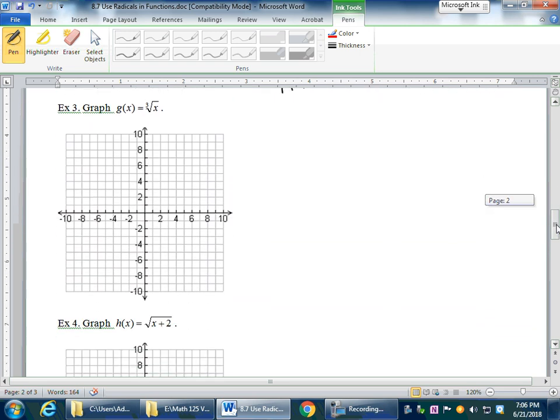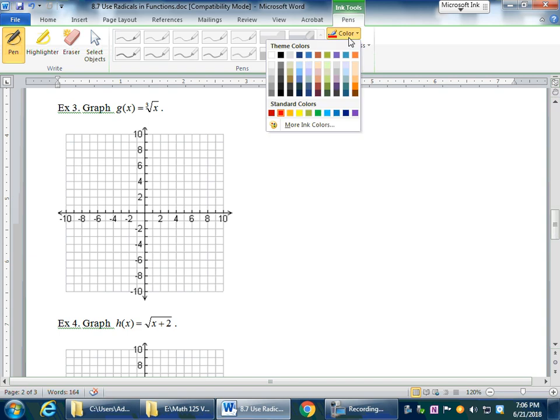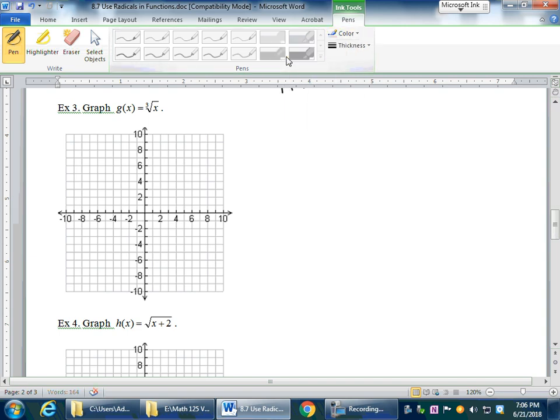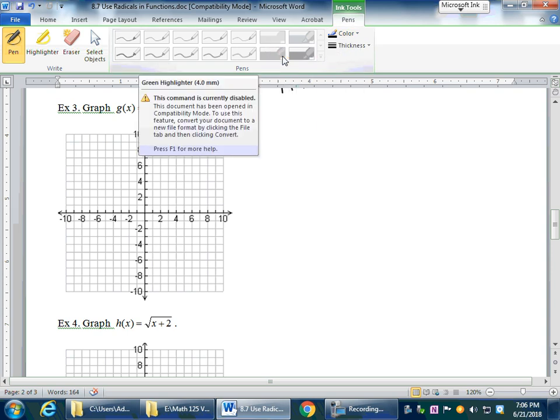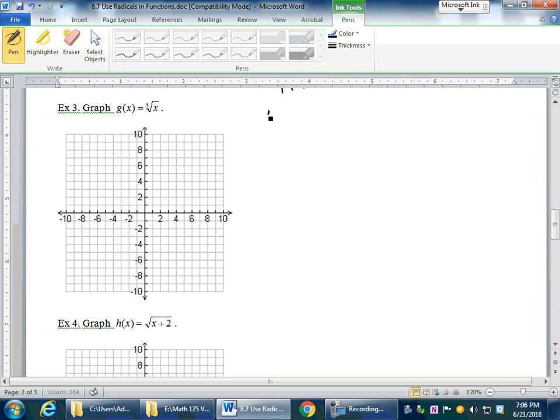Next, cube root. For the cube root graph, this is what we're going to do. First, we know that for cube roots, the domain is all real numbers, negative infinity to positive infinity. So what we're going to do for the cube root is find the center. How do I find the center?